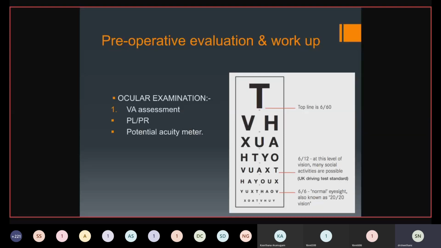This test involves the instrument called the potential acuity meter, which we mount on the slit lamp. What we do is throw a small, very narrow beam of light onto the patient's eye, and through that aperture, the patient is shown the Snellen's chart.